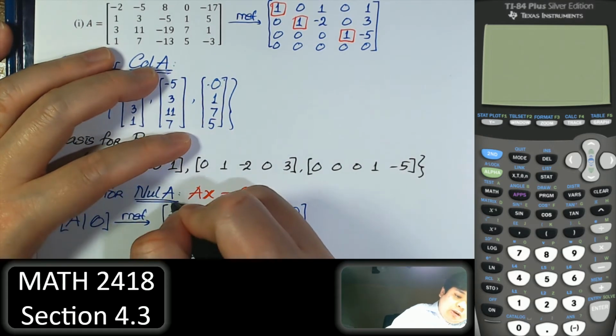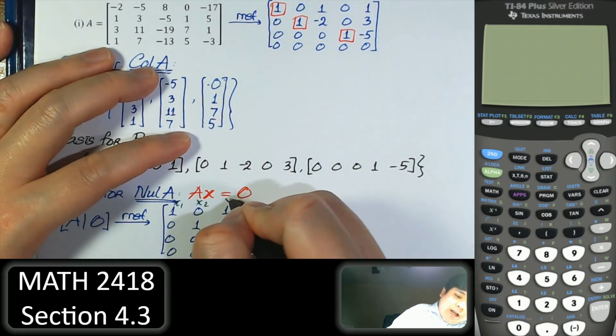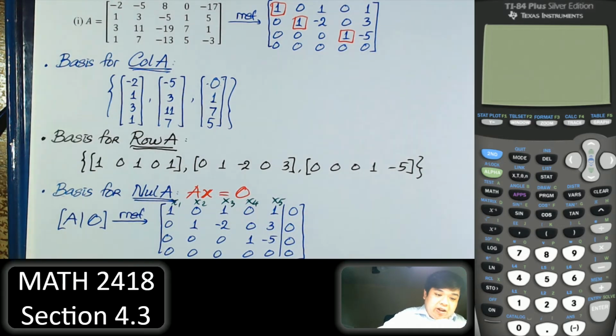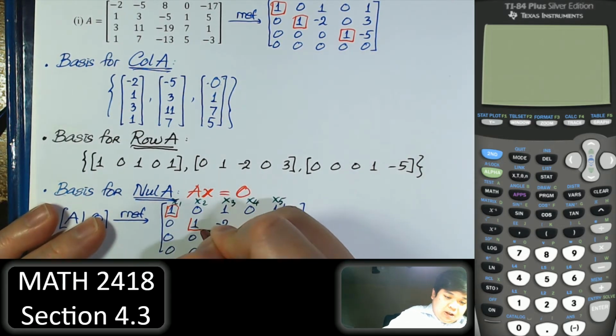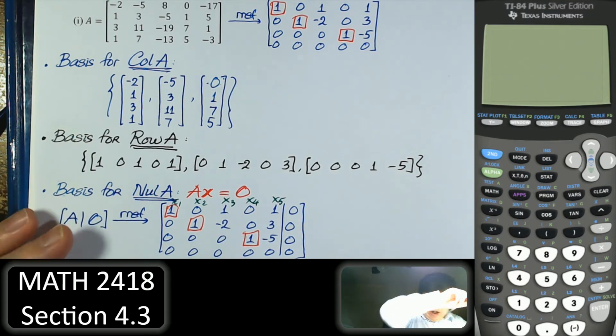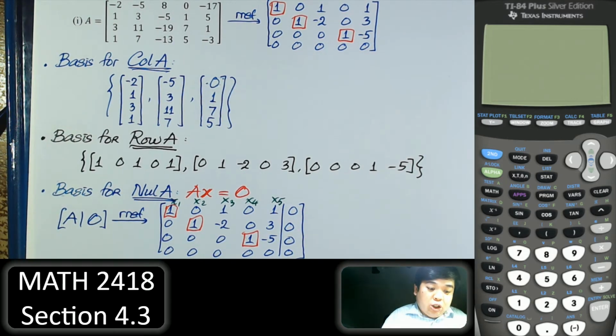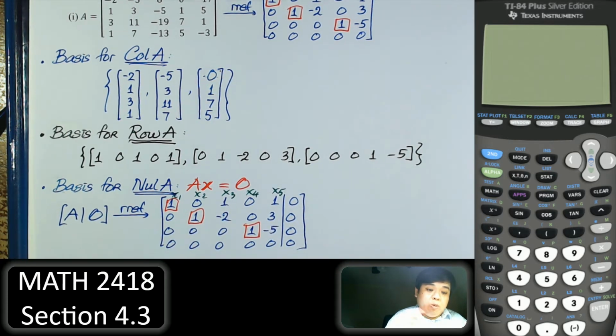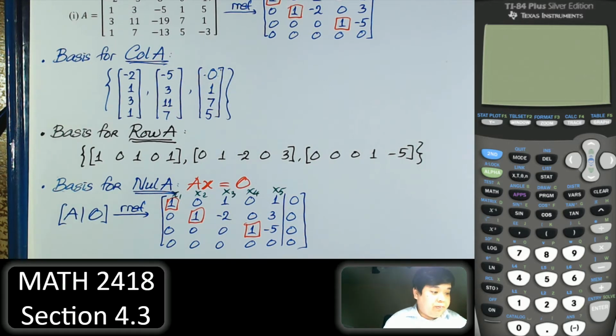Right, we have x1, x2, x3, x4, and x5. The pivots are 1, 2, and 4. So the solution is: x3 and x5 are free, x1, x2, and x4 will be in terms of those free variables.